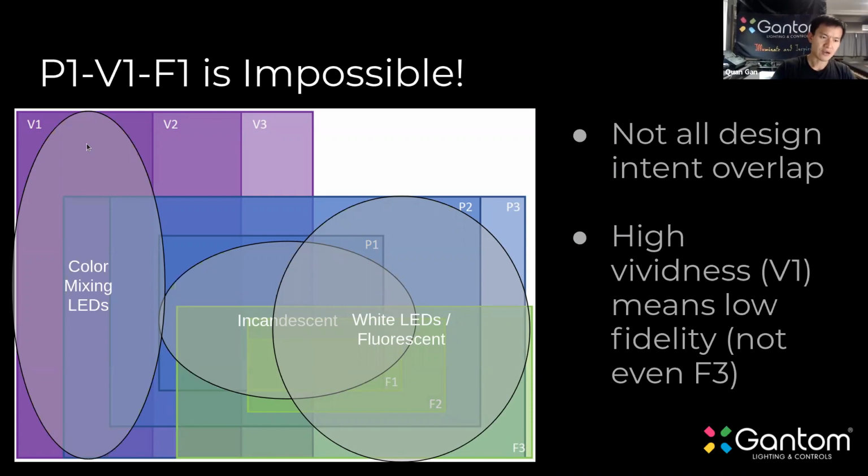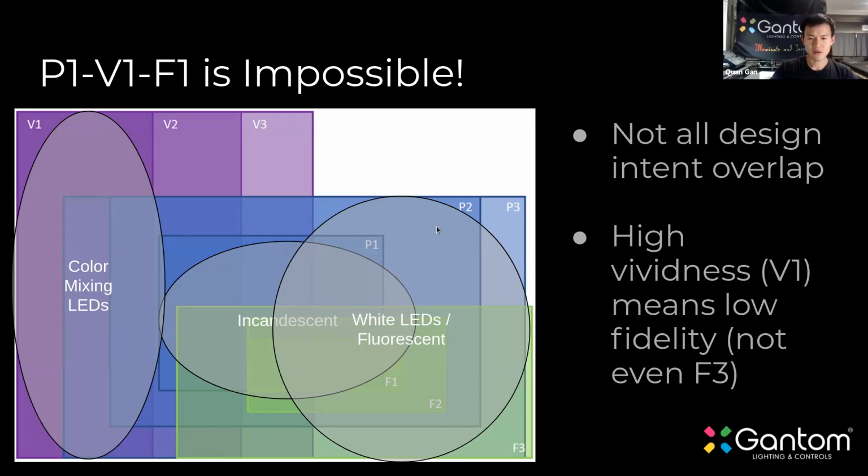So if you look at color mixing lights, they have pure colored lights. So obviously they're going to make certain colors pop. So they're really good at filling in this V1 metric. And then you have incandescent lights, which essentially are very close to black body. So that's going to give you your high fidelity levels, and also very often very high preference levels.